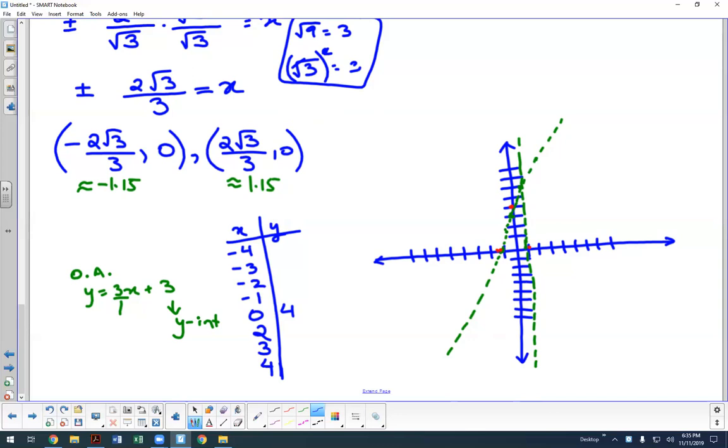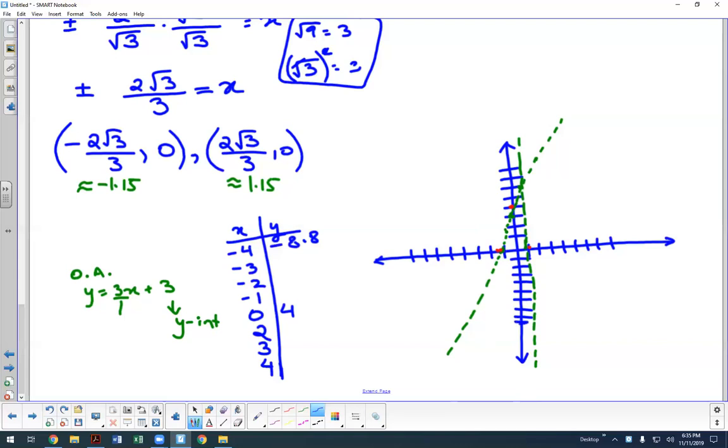So with negative 4, it's going to come out to be negative 8.8.